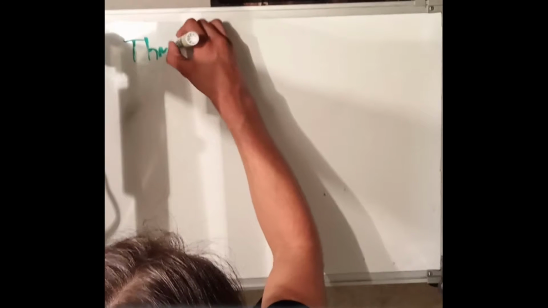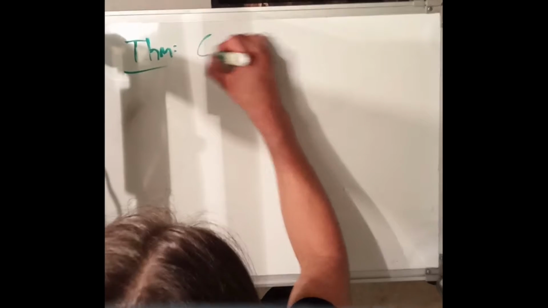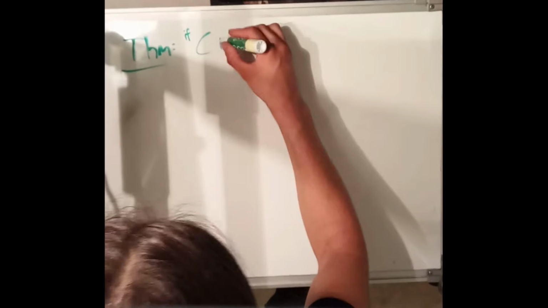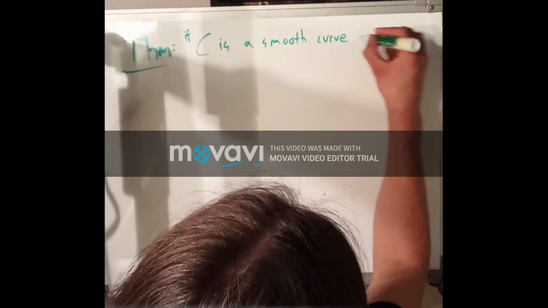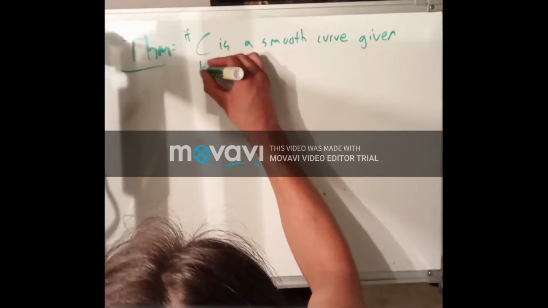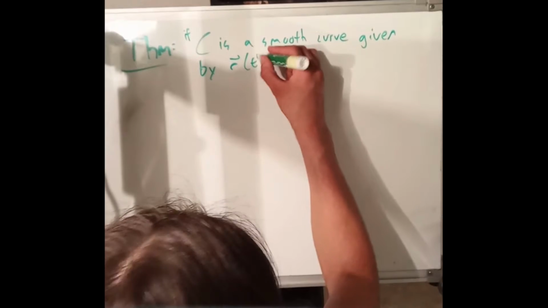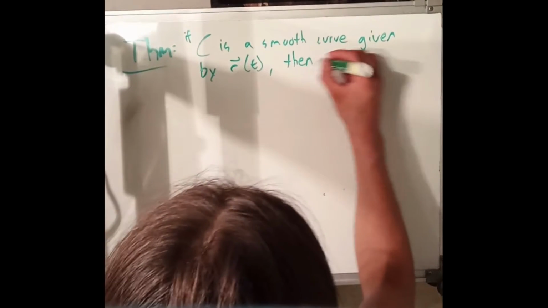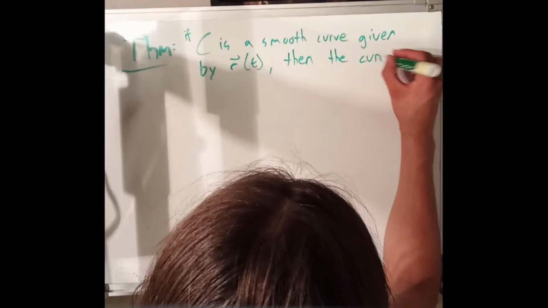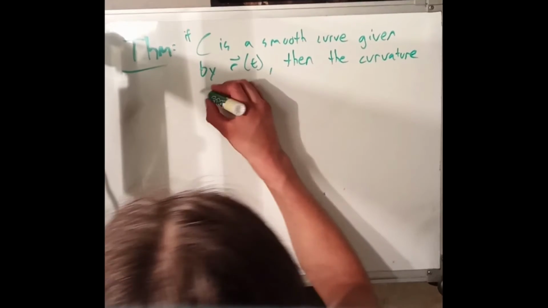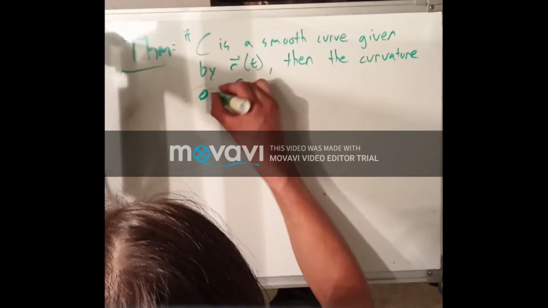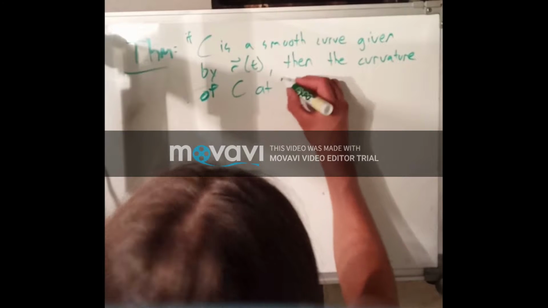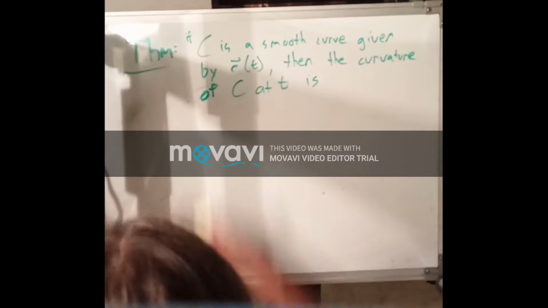For a new theorem, if C is a smooth curve given by a vector-valued function r of t, then the curvature of the curve C at the point t is given by this equation.